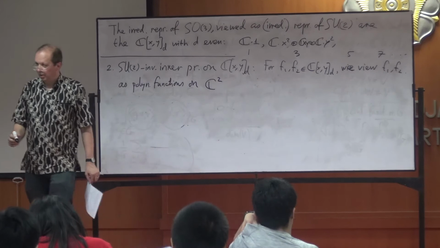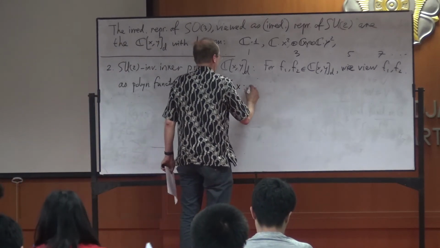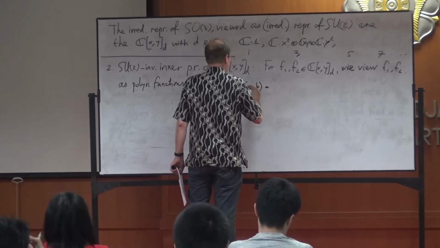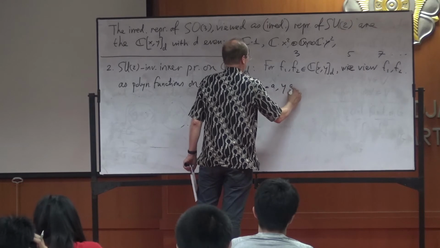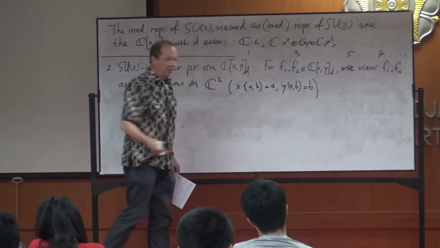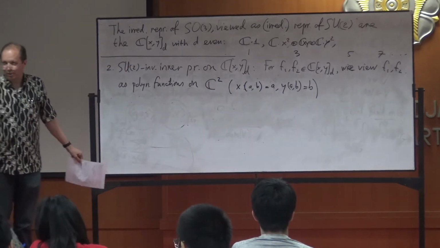Because we can, for example, to make it completely clear, x sends a point (a,b) to the x coordinate, so this is a, and y in the point (a,b) is b, right? And then every polynomial is a function on C2, okay?